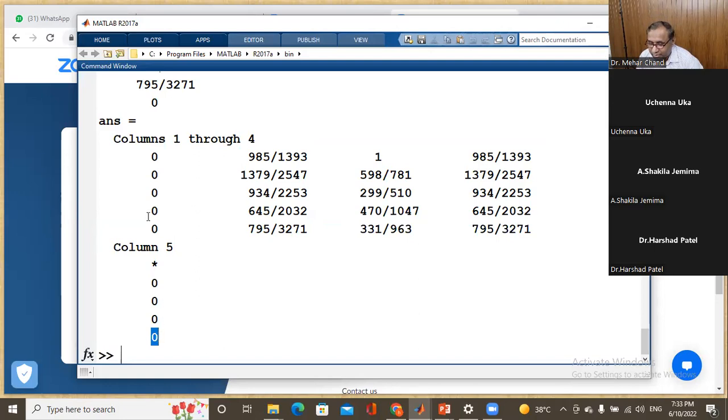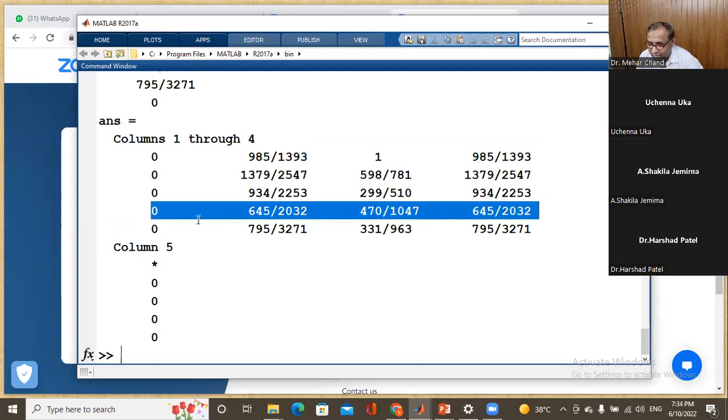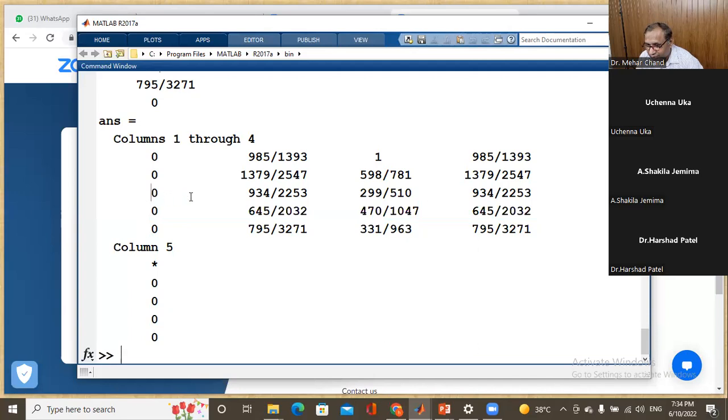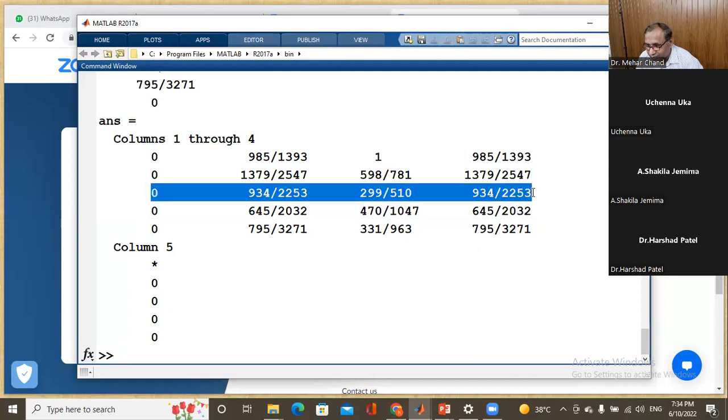Similarly, the second row is the indication of when t equal to 0.25, x varies. So x is 0, then x is 0.25, x is 0.5, x is 0.75, and x is 1. Now the third row, we consider t equal to 0.5 and x will be changed.